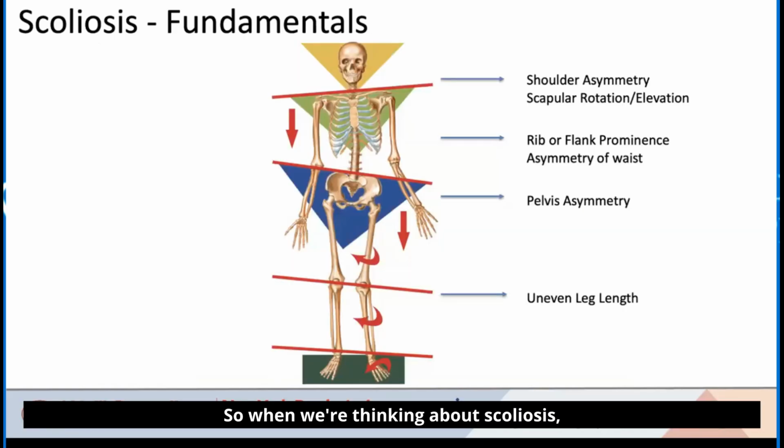So when we're thinking about scoliosis, we're thinking about those fundamentals. When I see a patient in clinic, even just standing there, we can see a lot of asymmetries happening, either at the shoulder, the scapula, the spine, obviously the ribs, the pelvis. You can even have uneven leg length. These are things that we look for and screen quickly when evaluating, and a lot of the time you can see these things pop out.